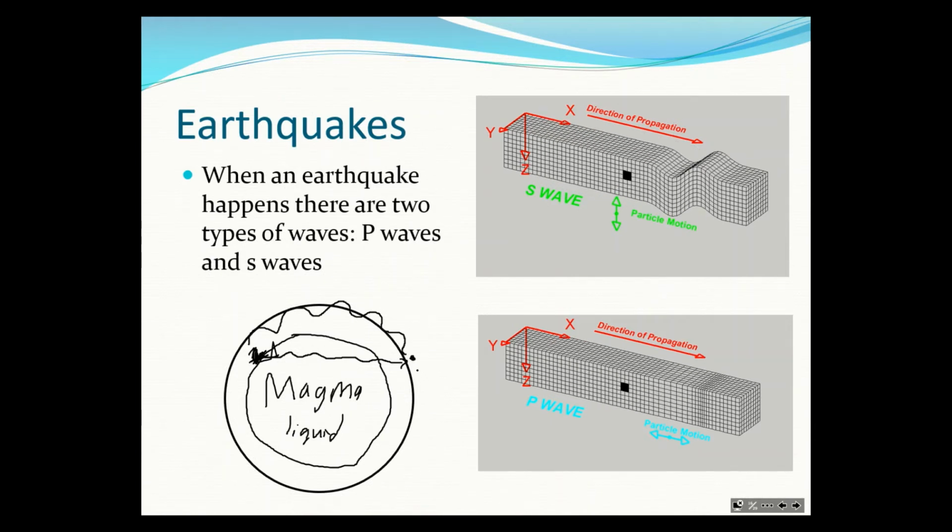So what that means is that this is a shorter distance, and what we get is we get our P wave, and our P wave is here, and this is a longitudinal wave. So because it can travel through the liquid, we get our P wave, and we get that nice longitudinal wave going straight through the source.